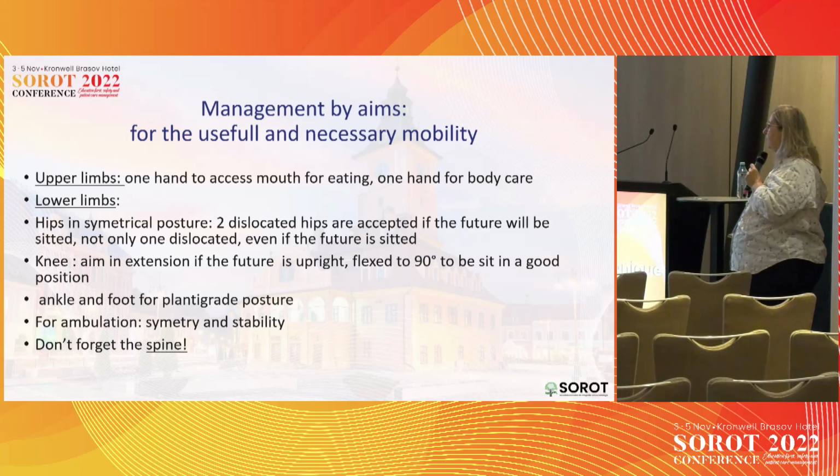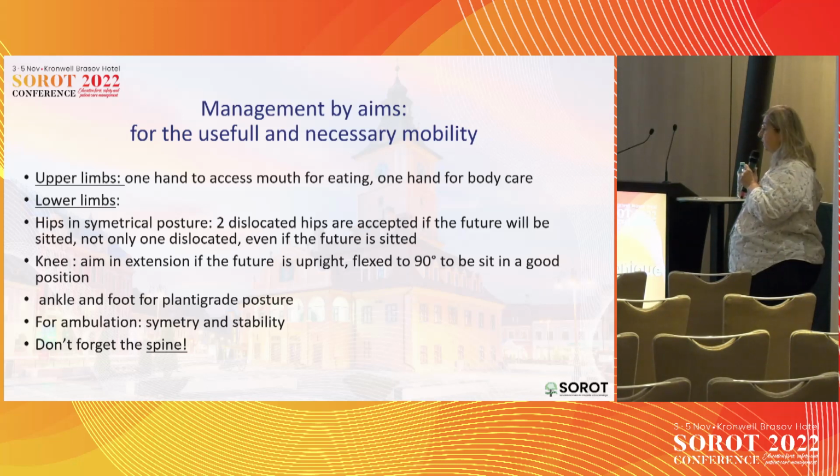Two dislocated hips are sometimes accepted, but the future will be in a wheelchair, not just one, even if the future is seated. It's the same in the knee. You don't have to dream about a normal flexion and extension. If you have an extension, it's okay.